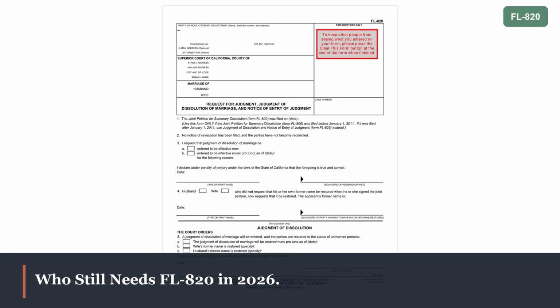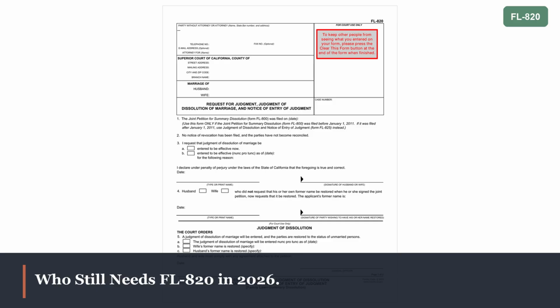Who still needs FL-820 in 2026? The form states plainly that it should be used only if the joint petition for summary dissolution, Form FL-800, was filed before January 1, 2011. Because that cutoff is now more than 15 years in the past, FL-820 is relevant to a genuinely small group of people, those whose original joint petition was filed before 2011 and whose case, for whatever reason, was never finalized, was previously revoked and needs revisiting, or is otherwise still open.